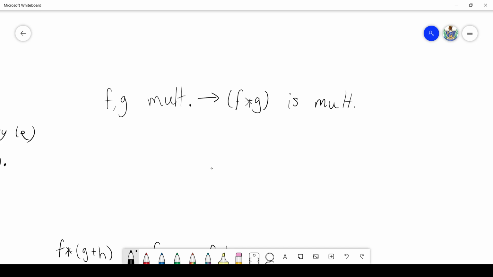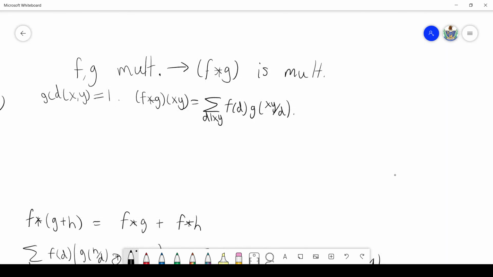So let's say we take two numbers, as always, two coprime numbers, x and y. So their GCD is 1. And if we look at f star g applied at xy, we get a sum over divisors of xy of f of d times g of xy over d.